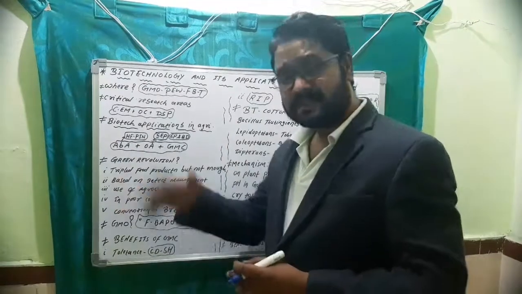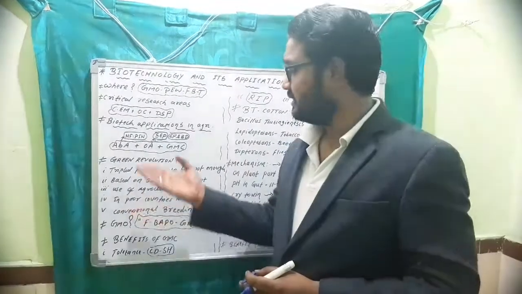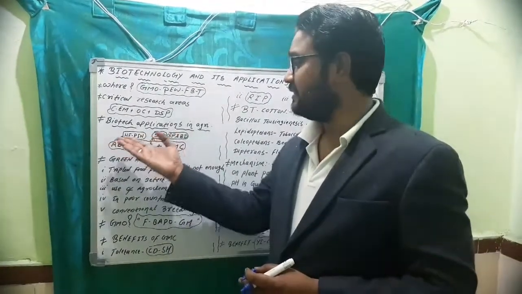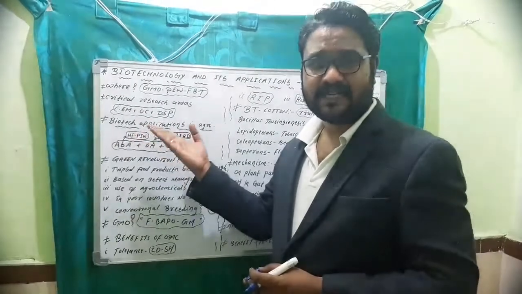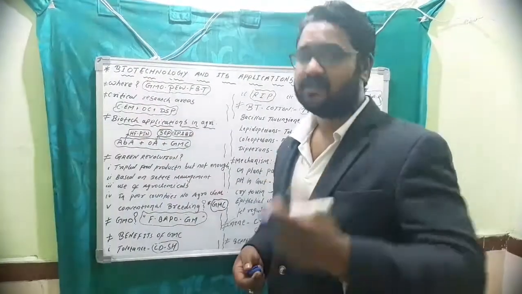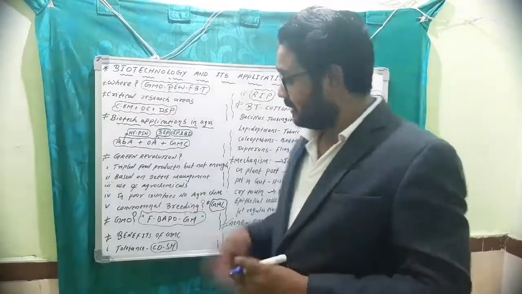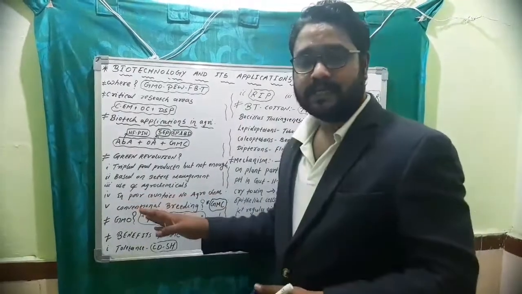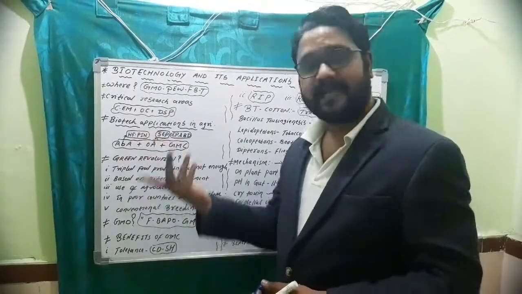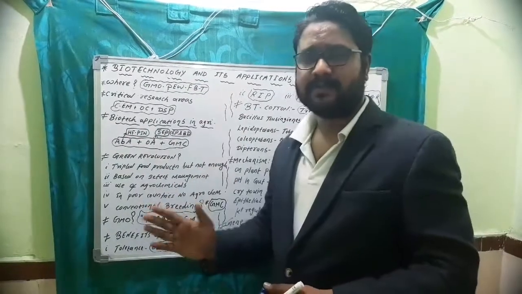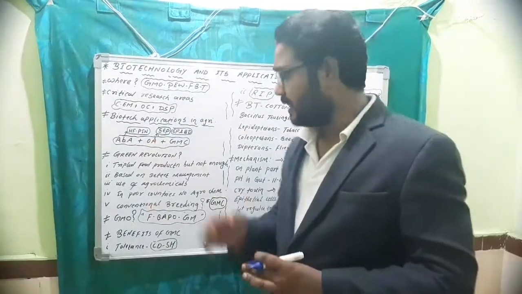Next, there was a lot of use of agrochemicals, these HF pin, that is herbicides, fungicides, pesticides, insecticides, nematicides. That was actually not eco-friendly. Plus, in poor countries, the availability of these agrochemicals is not possible. It's too costly for those people.